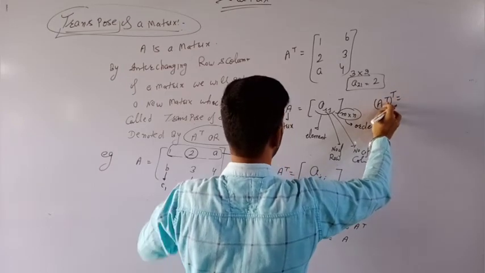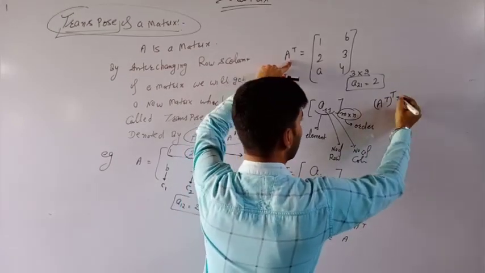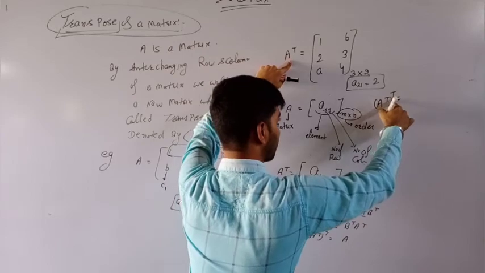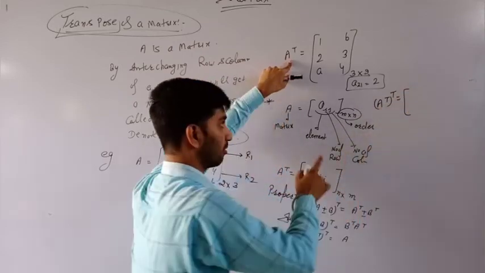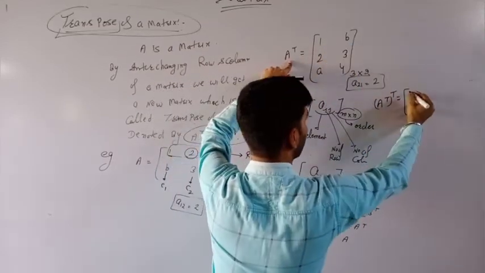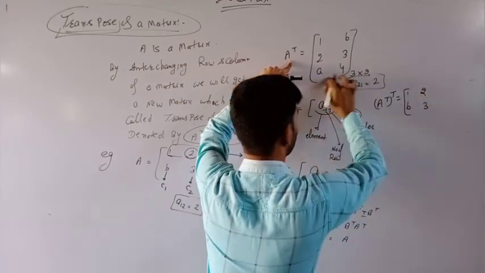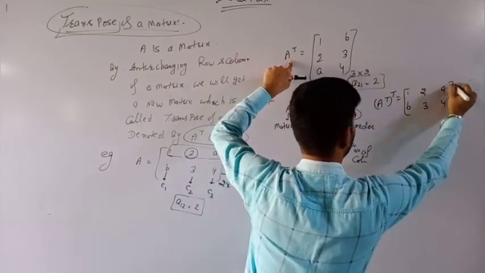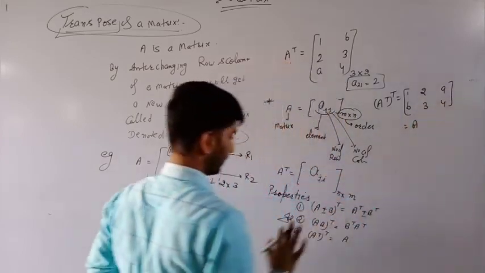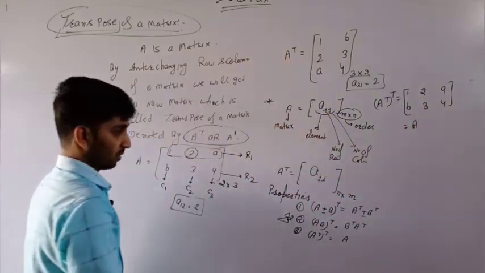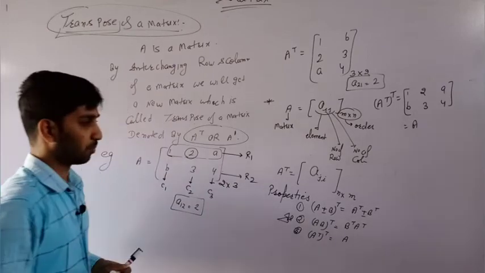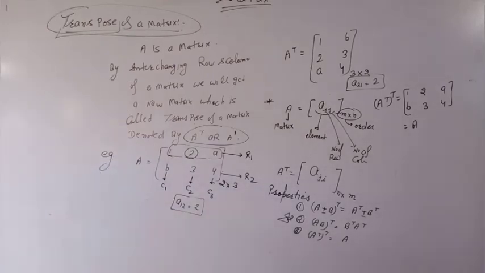Transpose of A transpose is A. If we want to find its transpose, we change its rows and columns: first row to first column, second row to second column, third row to third column, which is equal to A. It is the most important property of transpose.